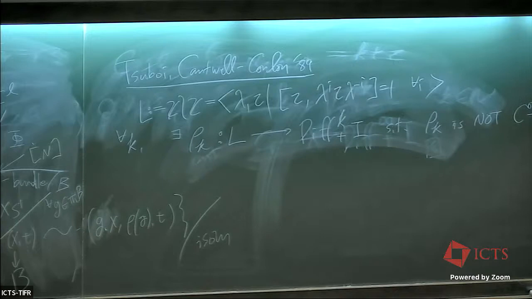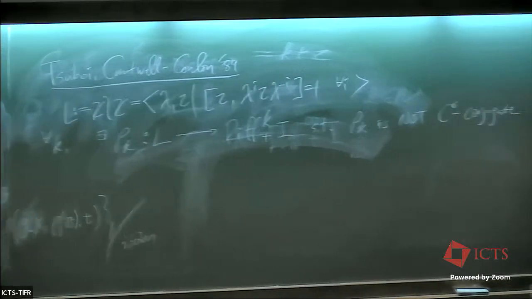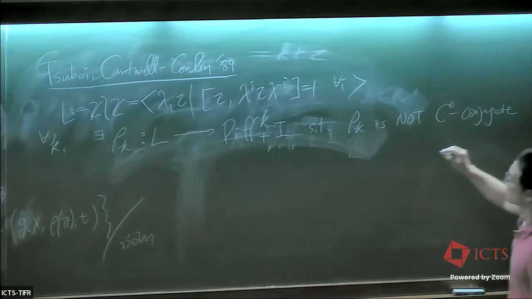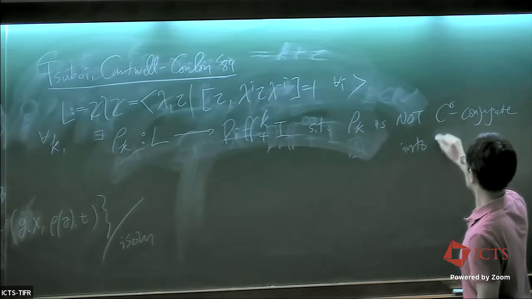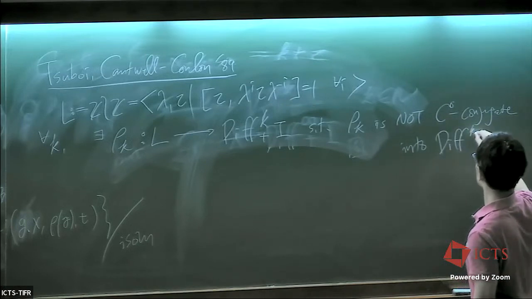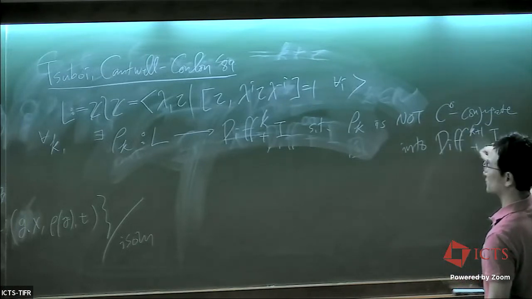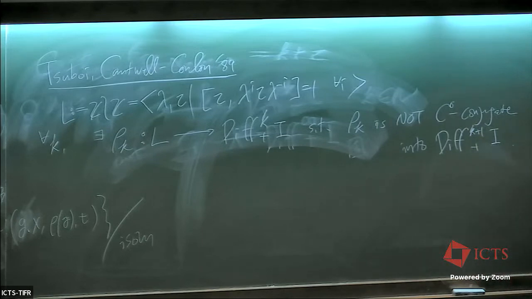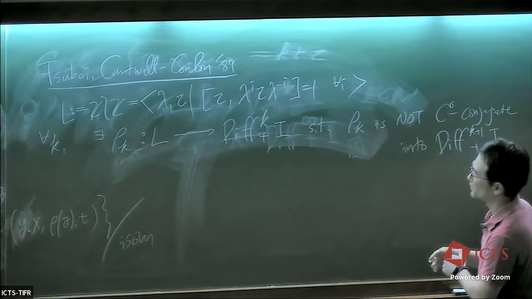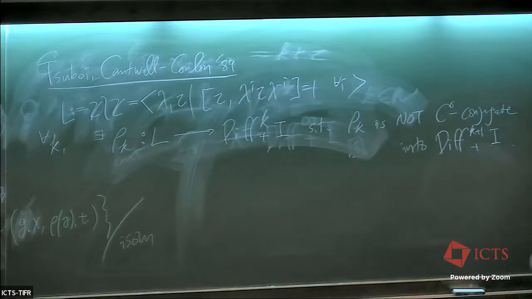That means you cannot find a homeomorphism conjugating rho_k into Diff^(k+1). So this is purely a one-dimensional diffeomorphism result. It was proved by Tsuboi and Cantwell-Conlon.